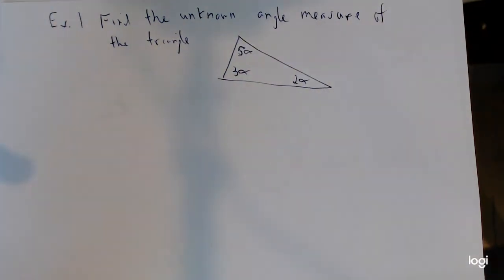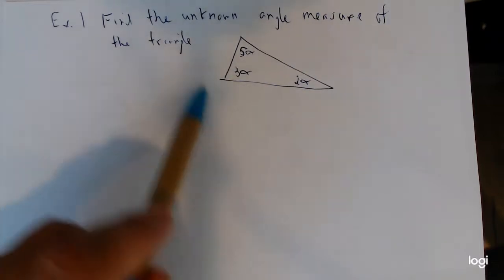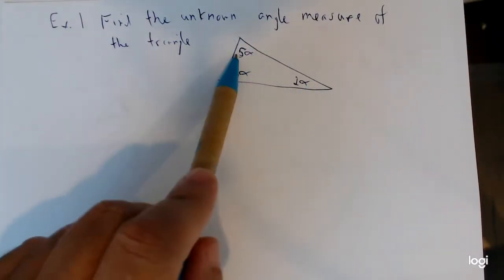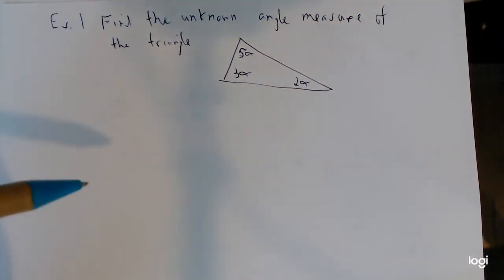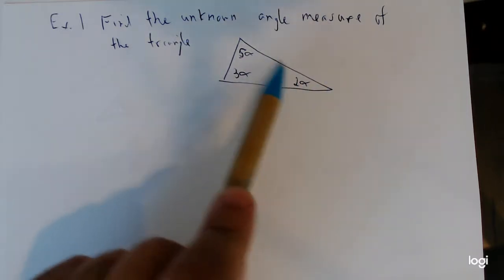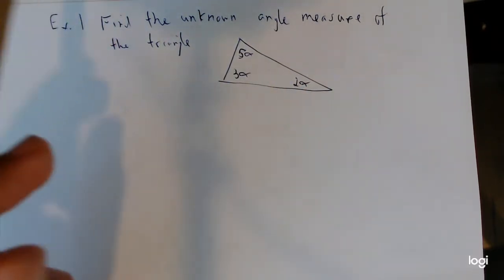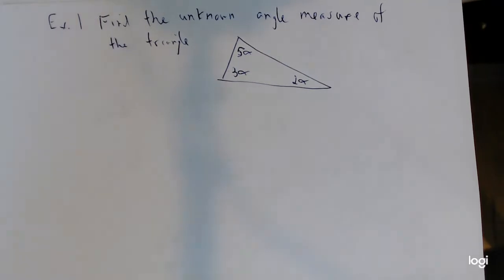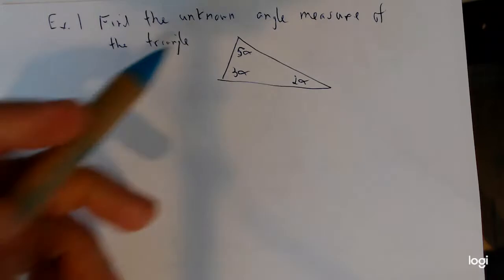So think about it. Which property would we use to be able to solve for alpha? Well, if you look at the properties that we talked about, I believe it was the first property which said no matter what kind of a triangle it is, if we add up all the angles, that should always add up to 180 degrees. So notice how that's a nice equation to use because it allows me to come up with a formula.